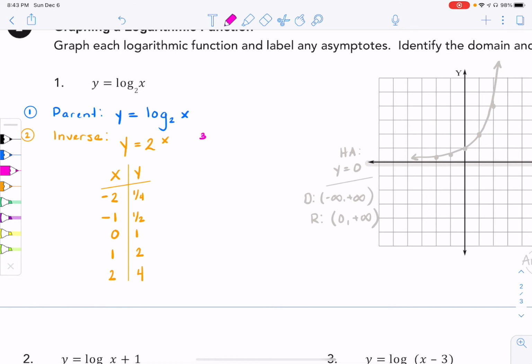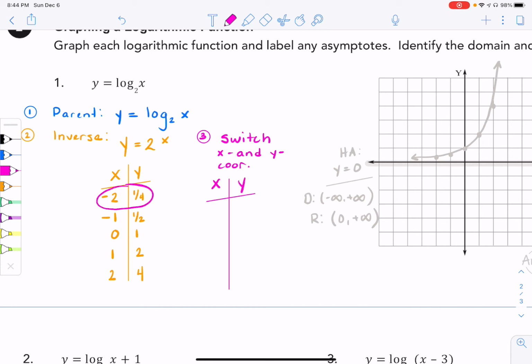Step 3 is to switch everything. So you're switching your x and y coordinates. That means I'm going to make a new table of values. And right here, this point, instead of the x value being -2 and the y value being 1/4, you're switching these. You're going to have an x value of 1/4, a y value of -2.